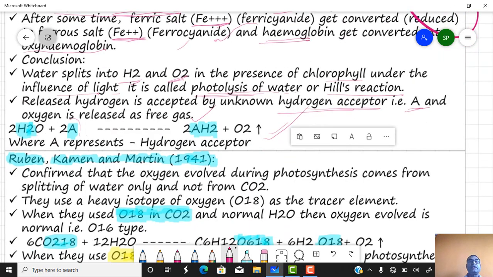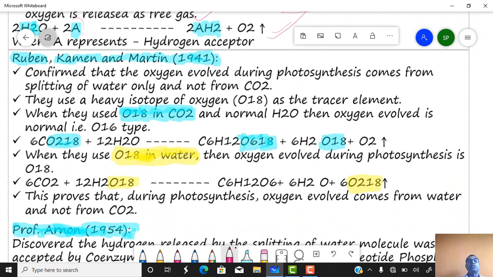Later on, in 1941, Ruben, Kamen and Martin, these three persons, confirmed that during photosynthesis, the oxygen liberated is not from carbon dioxide but from the water molecule.